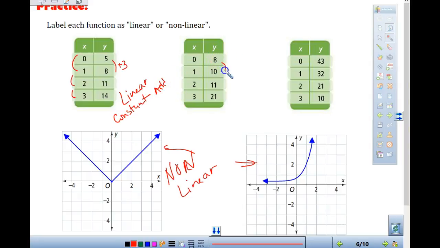How about here? No. Our x values are all going up, but first we go up by 2, then we go up by 1, then we go up by 10. Nonlinear. Last one. Yes. Linear. Linear because what are we doing? Subtracting 11.